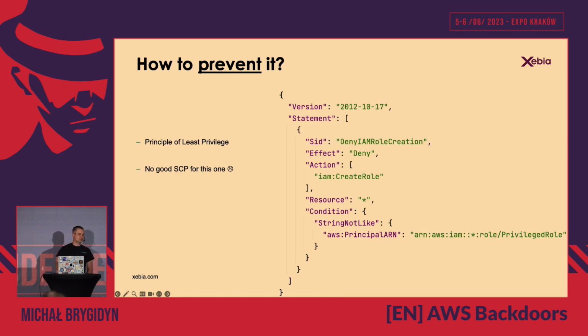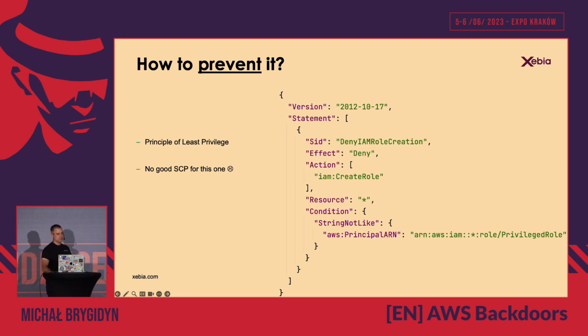And there is no good way to prevent me from doing that with a service control policy because SCPs cannot read policy contents. So you cannot say that you don't want me to create a policy that has external trust.